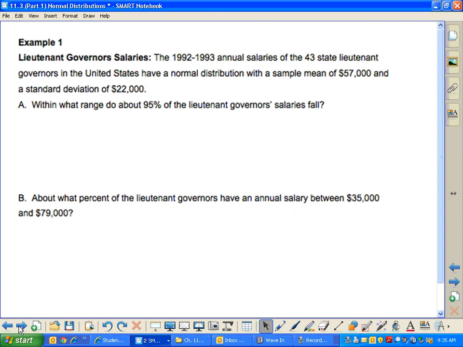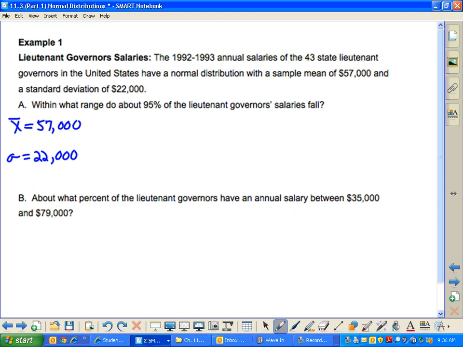The sample mean is 57,000, and the standard deviation is 22,000. So what they're doing right now is giving me some information about my symbols. They're telling me my mean is 57,000, and one standard deviation is $22,000.